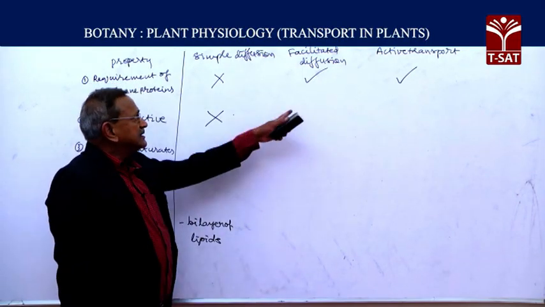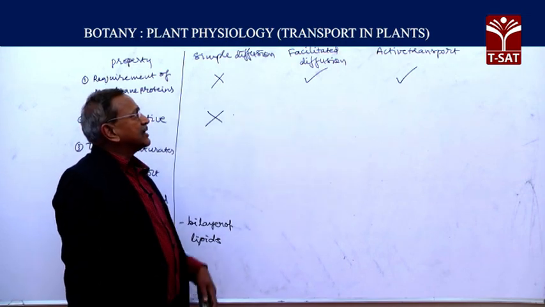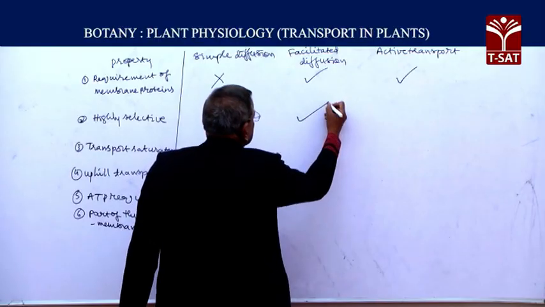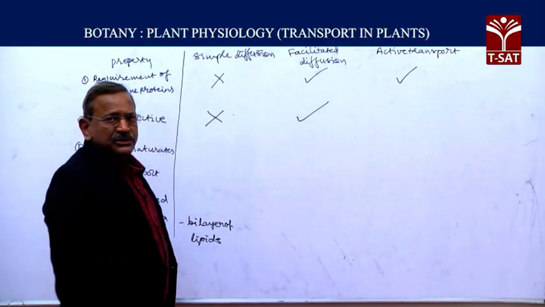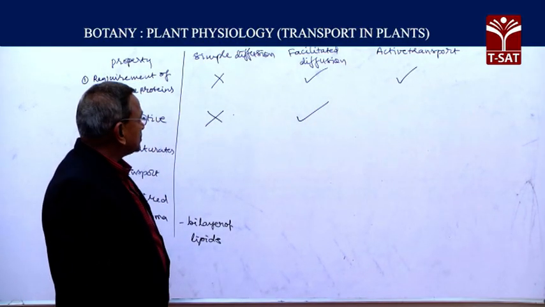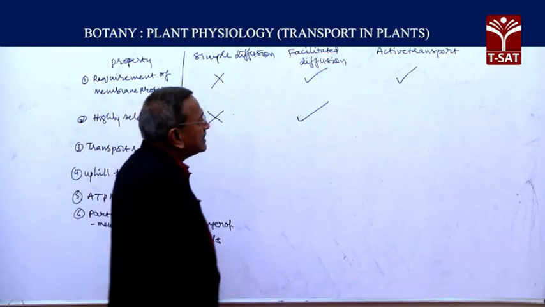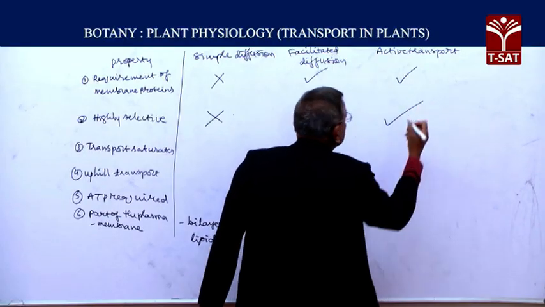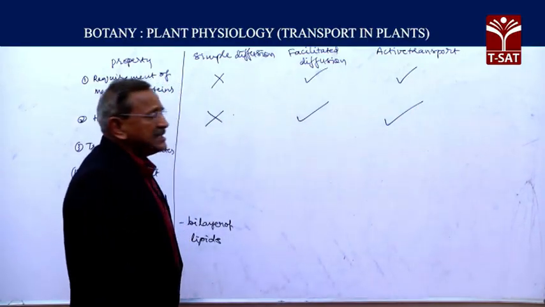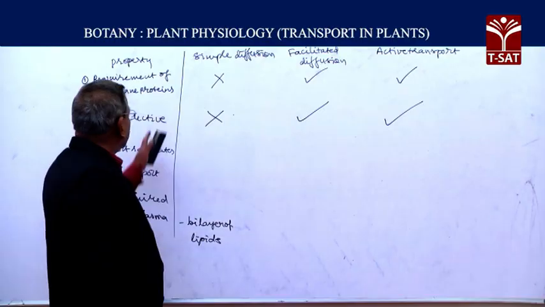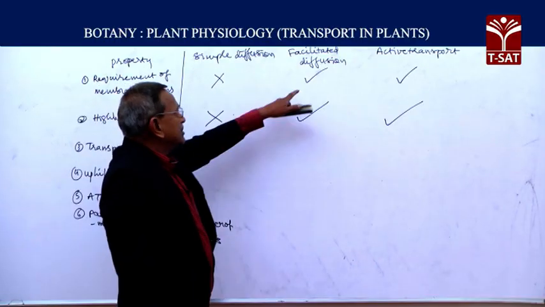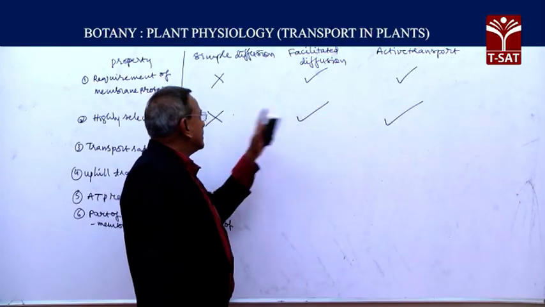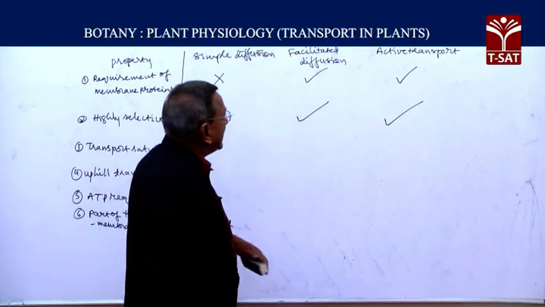Now let us consider the second kind of transport. Facilitated diffusion is selective because carrier proteins are involved. This process is highly selective. And active transport, the third means of transport, is also highly selective due to involvement of carrier proteins. So once this is there, saturation effect will be there and also selective nature will be there.